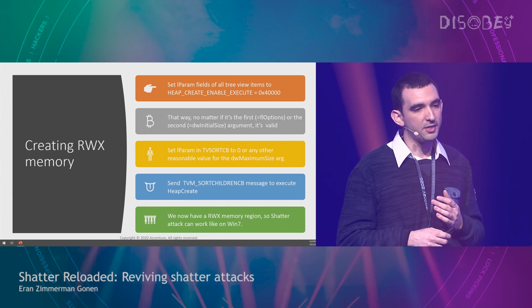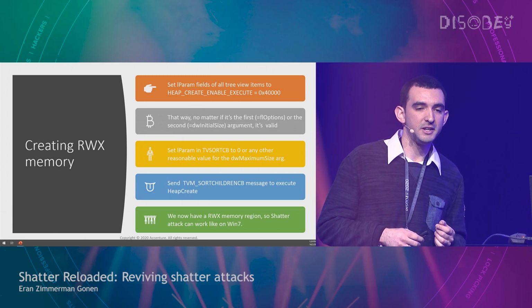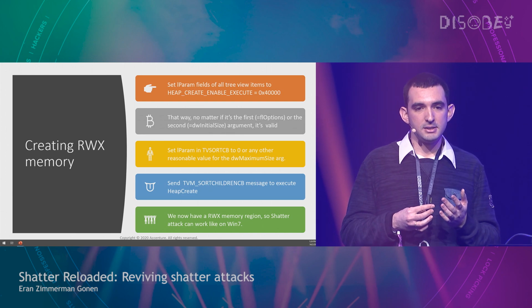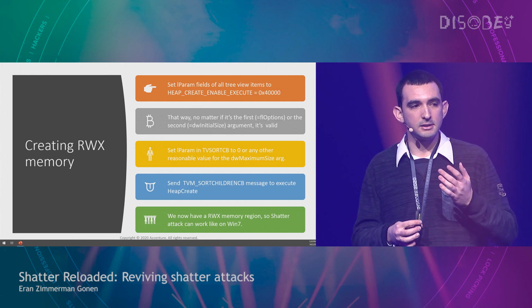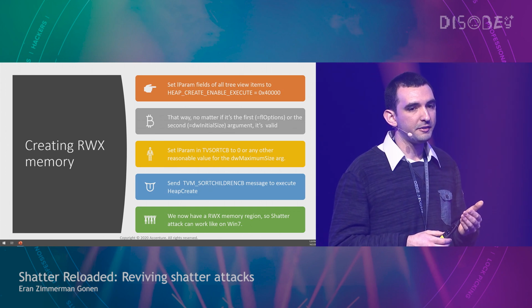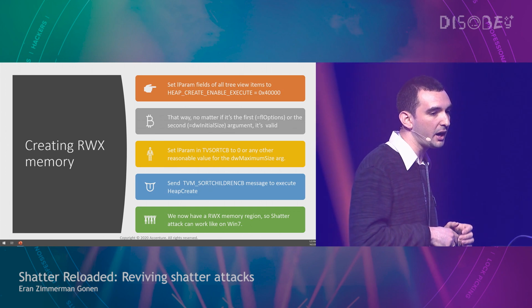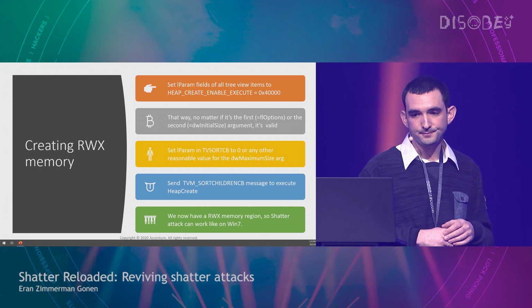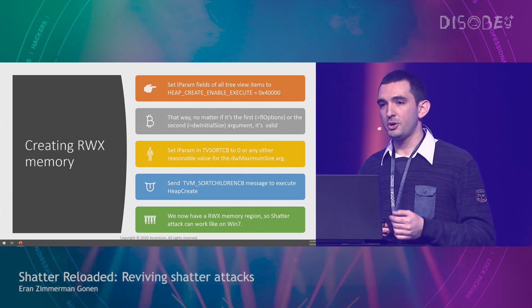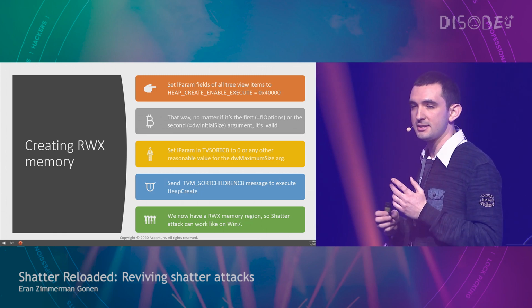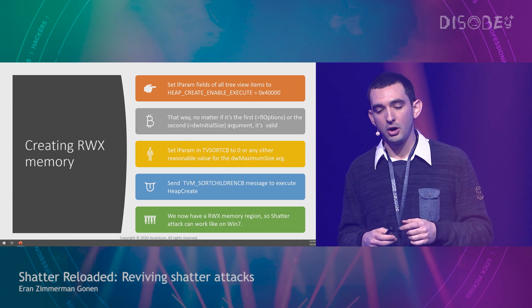Now, 0x40000 is 256 kilobytes. That's fine, because it's probably not so large as to make an allocation fail, but it's large enough to contain any shellcode known to mankind. And the third parameter, as we said, we can fully control, so we can just pass 0, for example, which tells HeapCreate to create a heap that can grow as much as we need.